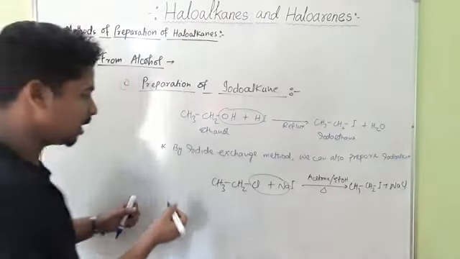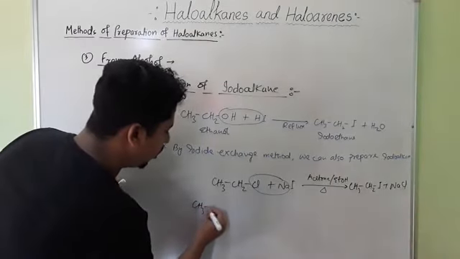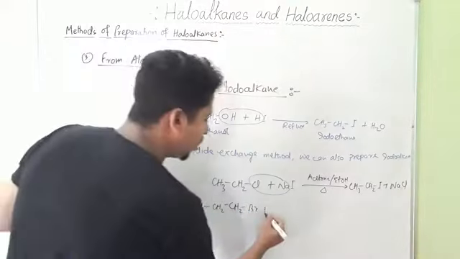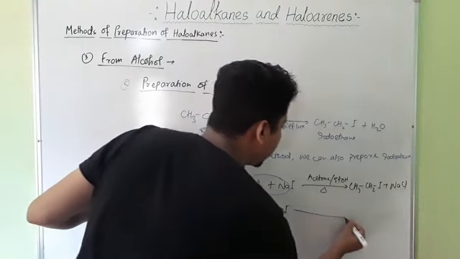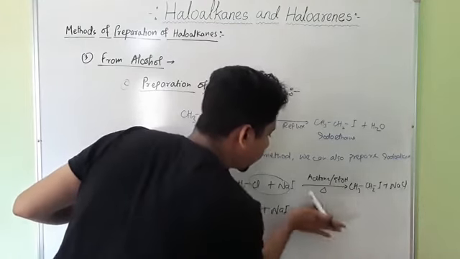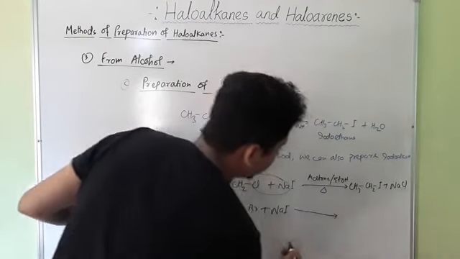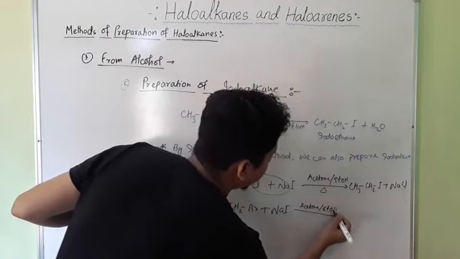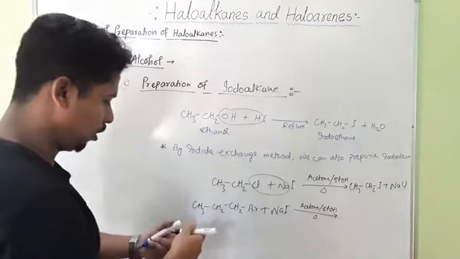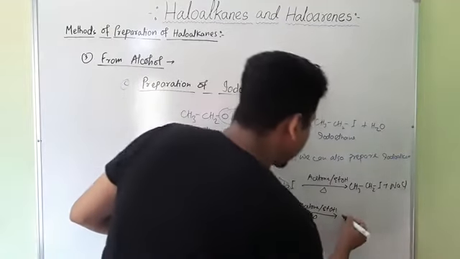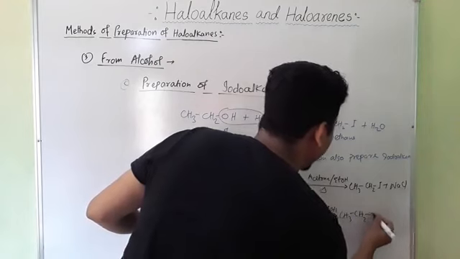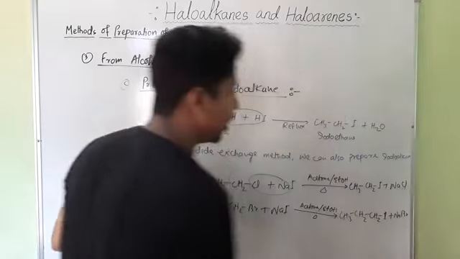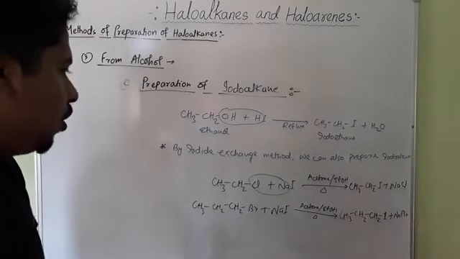Now if you consider any other reaction, suppose CH3-CH2-CH2-Br, bromopropane, plus sodium iodide in the presence of acetone, which is a solvent, or ethanol, under the temperature condition, we will get CH3-CH2-CH2-I plus NaBr.